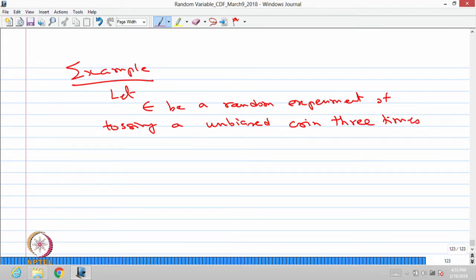The random experiment is tossing an unbiased coin 3 times.